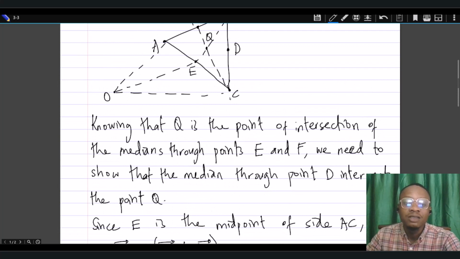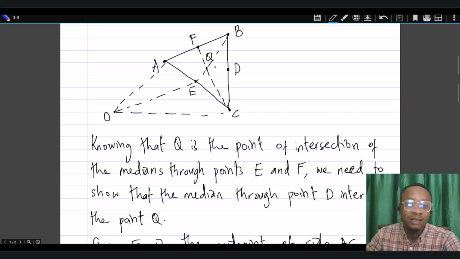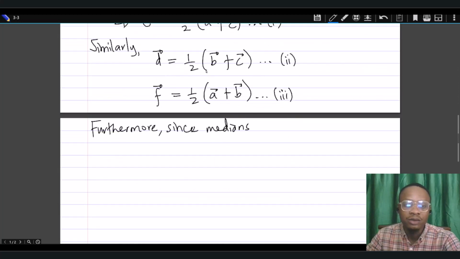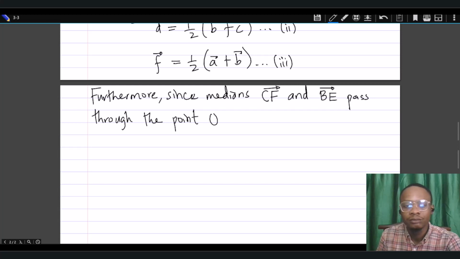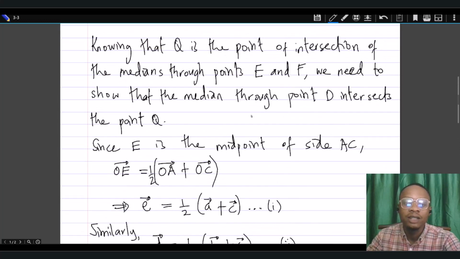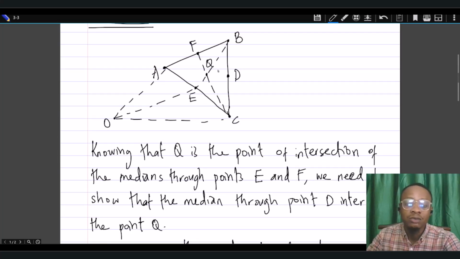And so proceed now, since the medians CF and BE intersect at the point Q, they both pass through the point Q. Then, since medians CF and BE also intersect at the point Q, we say that the vector CQ, you can take them anyhow you like, just be consistent with the relation so that you can get a consistent set of equations to deal with.